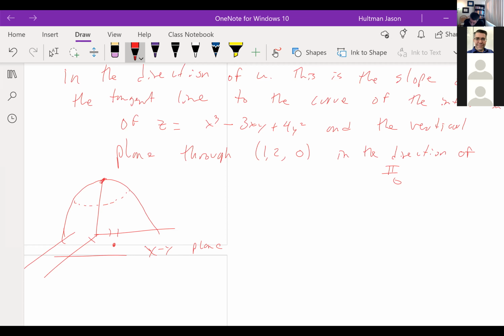in the direction of pi over 6. You're saying let z equal 0. Okay, why are we letting z equal 0?